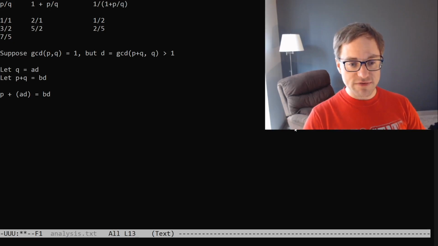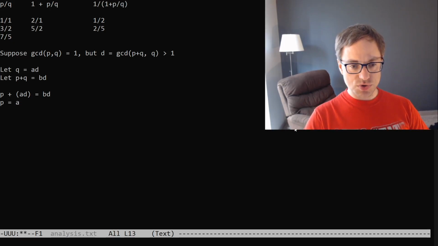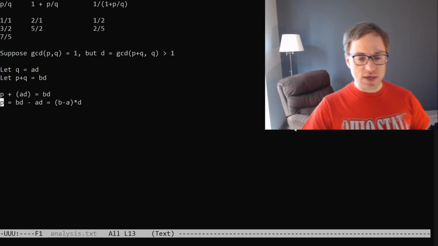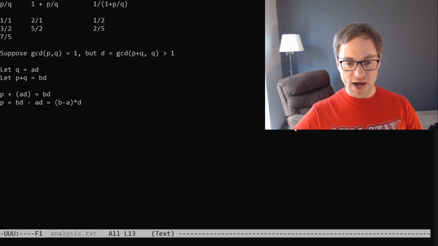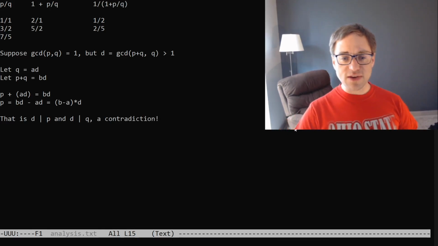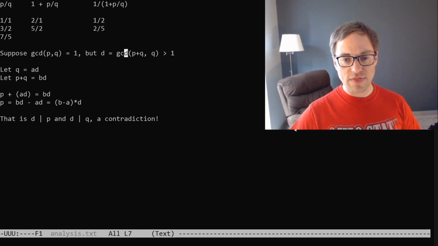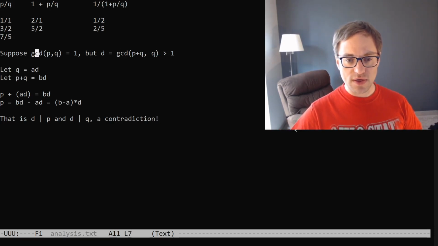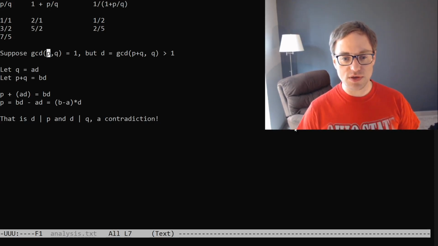And subtracting AD from both sides, we get P is equal to BD minus AD, which is equal to B minus A times D. That is, we see that P is also divisible by D. So we'll say that D divides P and D divides Q, a contradiction. That is because we started by assuming that there was no divisor greater than 1 that divides both P and Q.